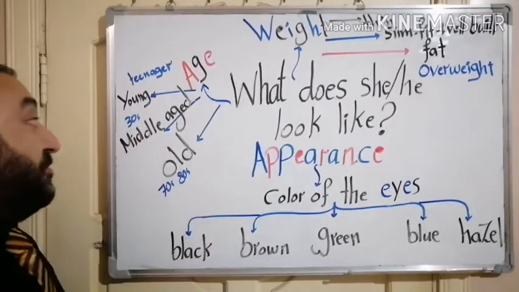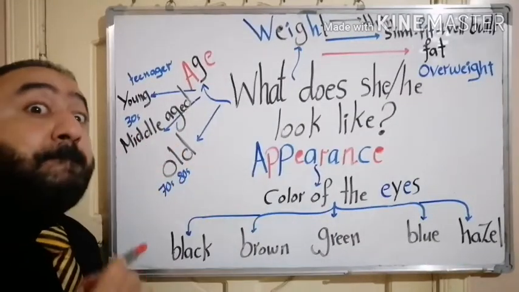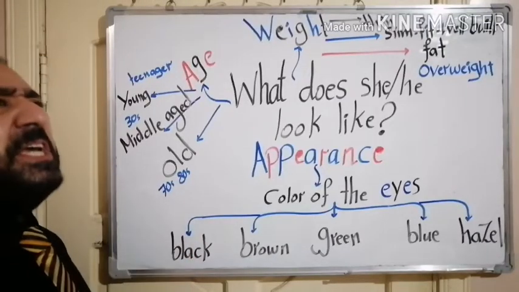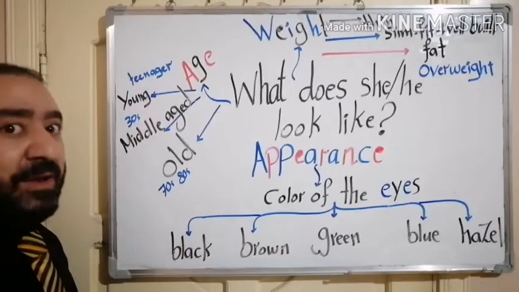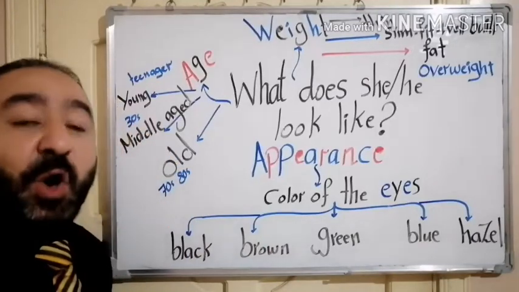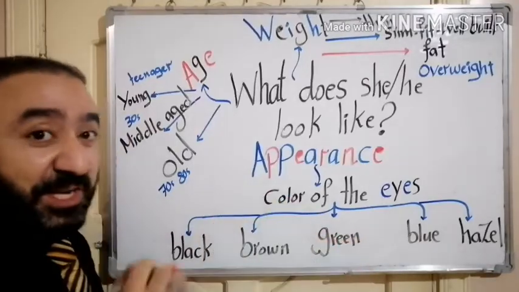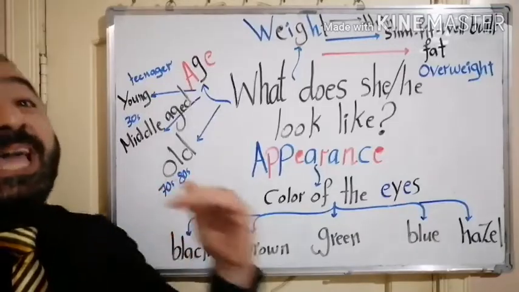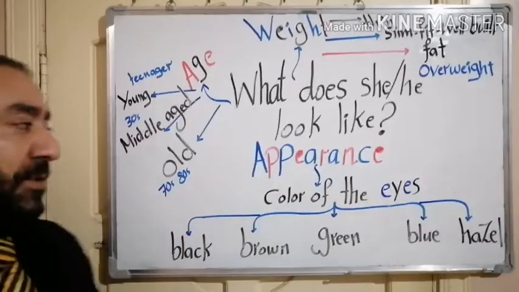Okay, now the second adjective is middle-aged. Middle-aged. What does your uncle look like? Actually, he is a middle-aged man. Or you can say that he is in his 30s or in his 40s. You know, I don't know how old he is exactly, but I think that he is in his 30s or in his 40s.